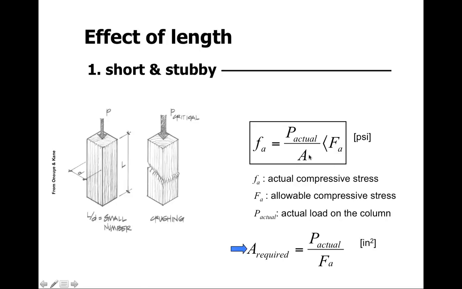Well, P over A is our formula for stress, what we're familiar with, as in pounds per square inch or something of that sort.